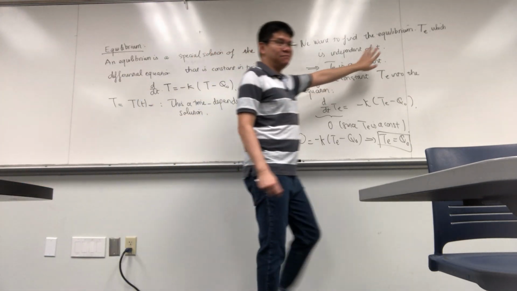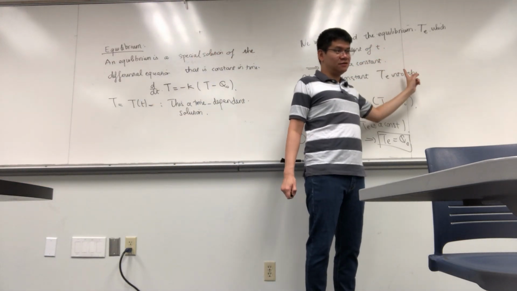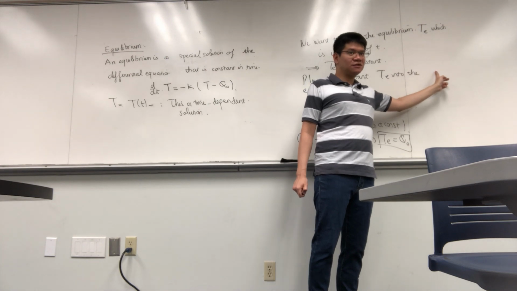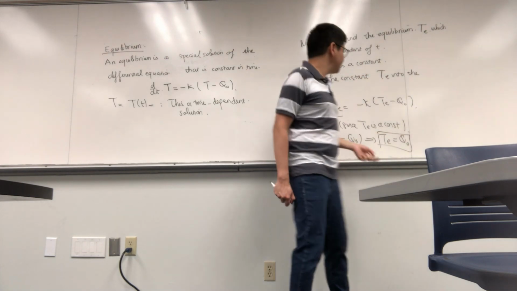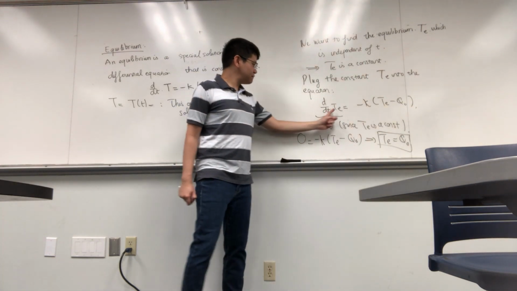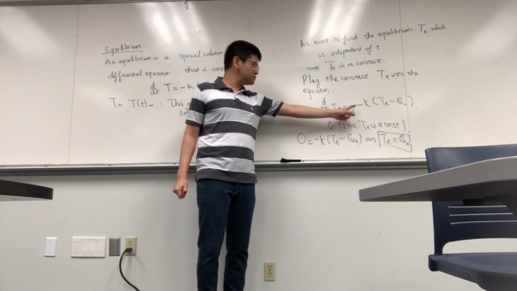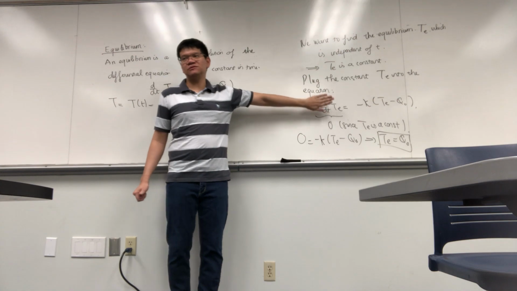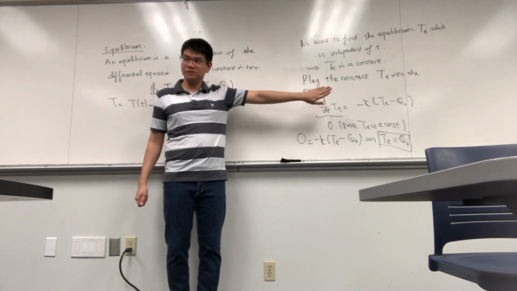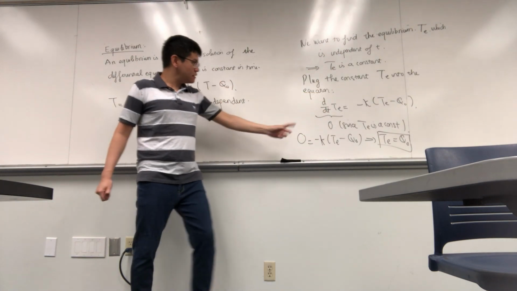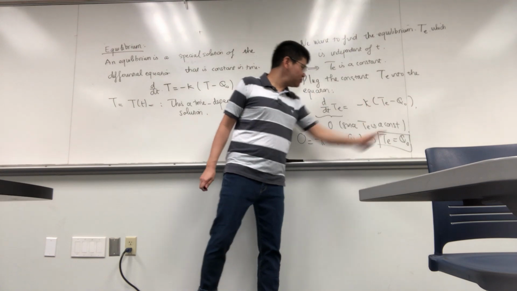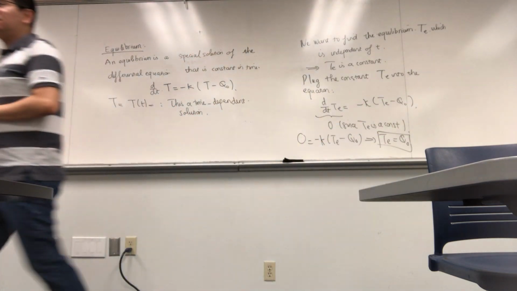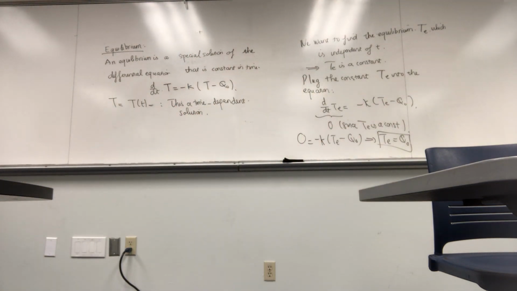Because this is independent of time, this should be a constant, right? So you plug this constant back into the equation. You have the derivative of this constant is minus k Te minus q0. All right, so this is a constant. So this derivative has to be 0, meaning that Te has to be equal to q0, and this is the equilibrium solution. Questions? Is it clear?